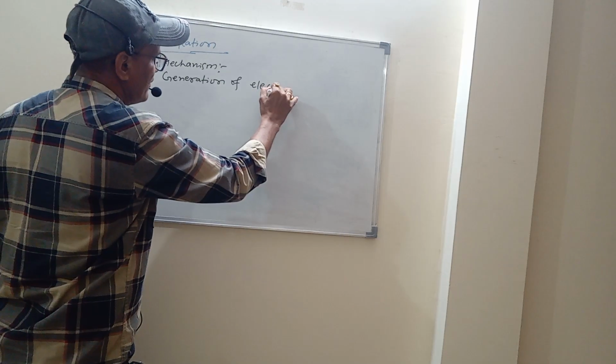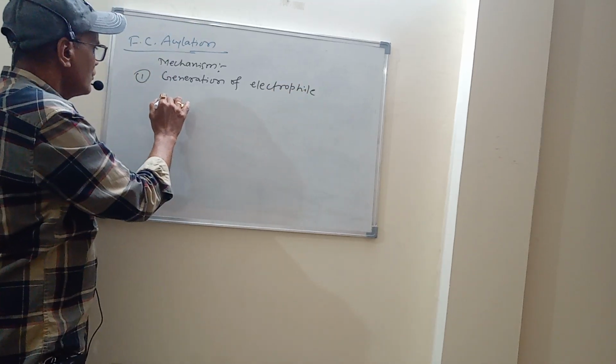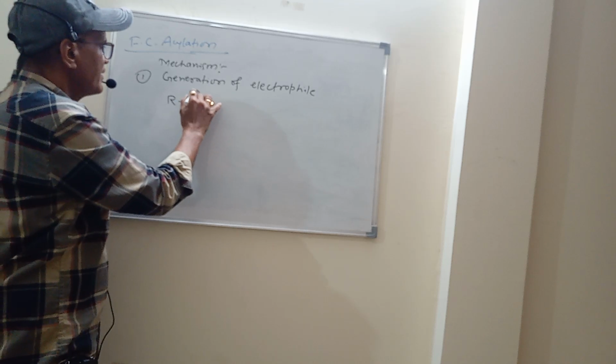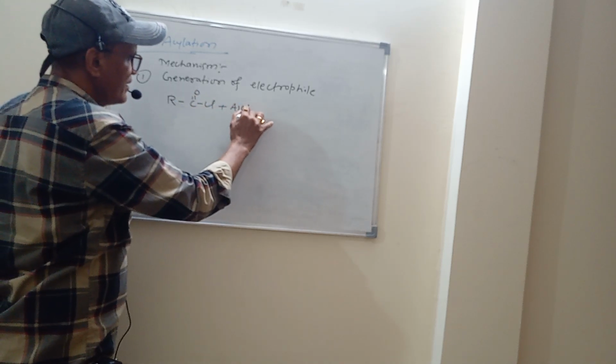In the mechanism section, the first step is the generation of electrophile. So we can consider here acyl halide, AlCl3.